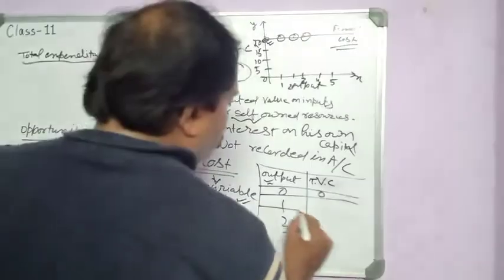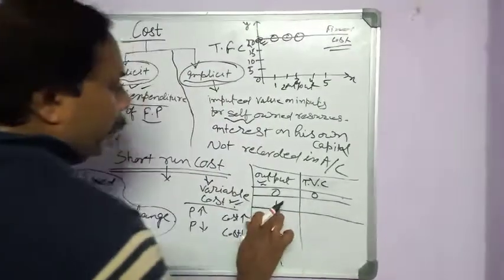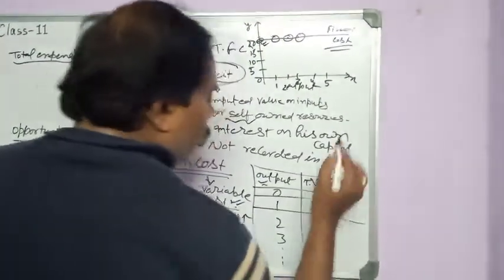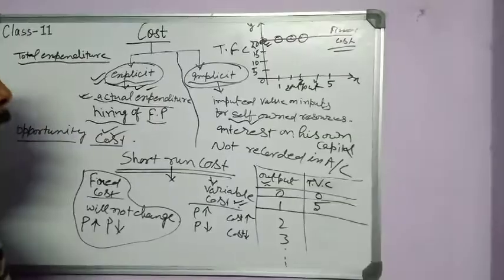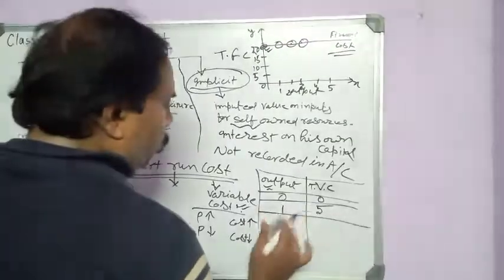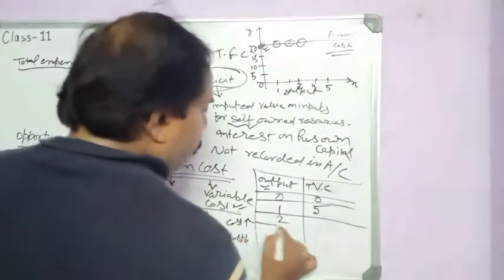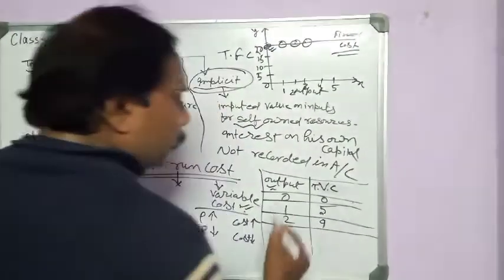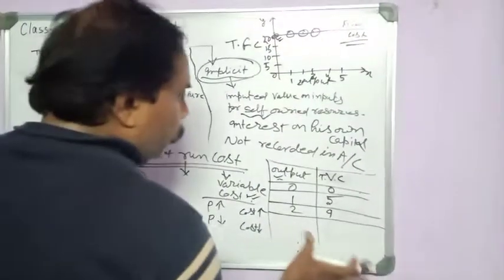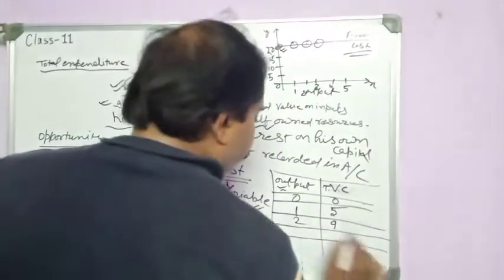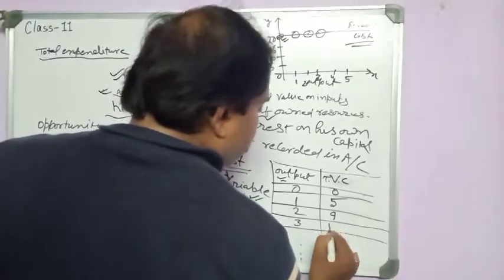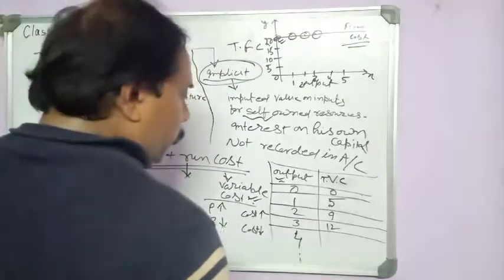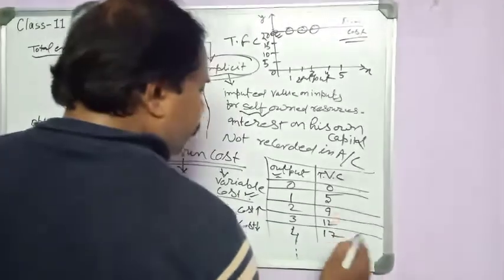Suppose you produce 1 unit of any product or good, and the cost of production is ₹5. When we produce the second unit, now it has become 9. Is it clear? When we produce the third unit, it has become 12. Okay? When we produce the fourth unit, now it has become 17.